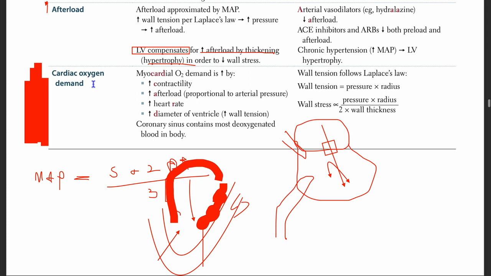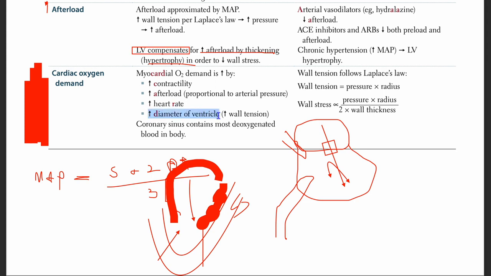Myocardial oxygen demand is increased by increase in contractility. That should make sense now. Increase in afterload, proportional to the arterial pressure. That should make sense now. Increase in heart rate. Okay, we didn't do it, but we sort of did it. Right.